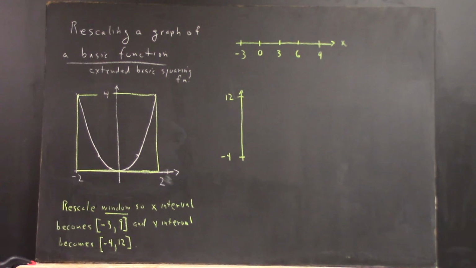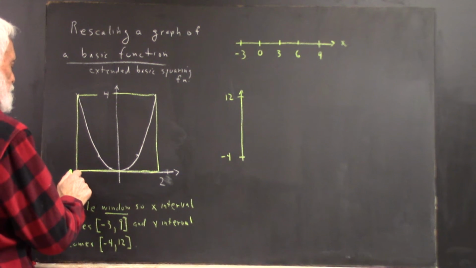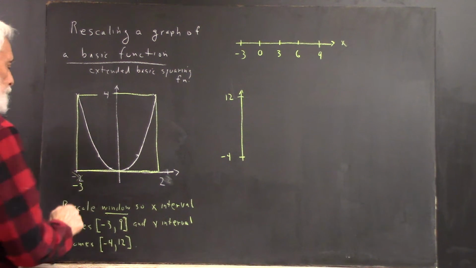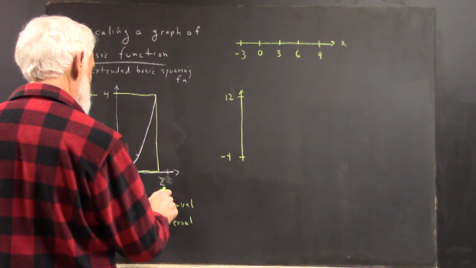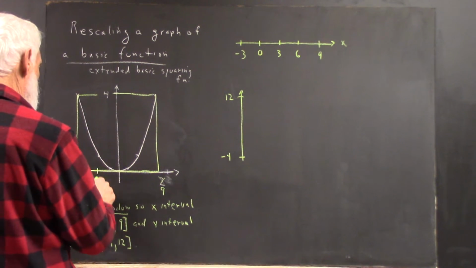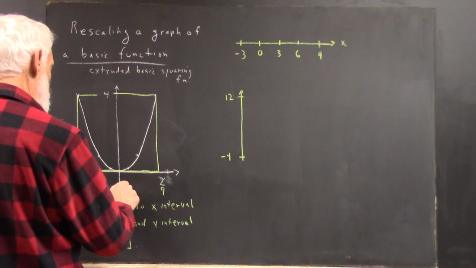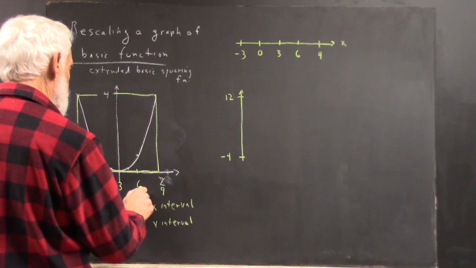Okay, so if we rescale the x-axis, then this -2 becomes -3, and this 2 becomes 9, and we have 0 here, we have 3 here, and we have 6 here.